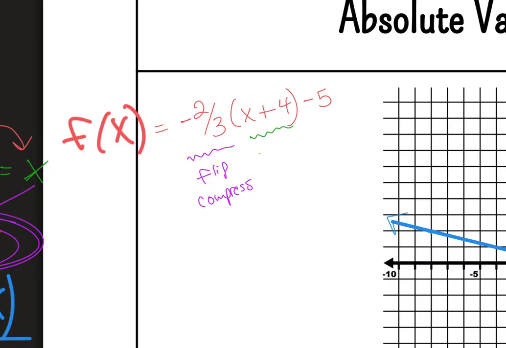This is going to move left 4, and if you're thinking left, isn't left negative? It sure is. Because remember, this is x minus h. And then this is plus k, so this is going to move down 5. Because why down? Because this is normally plus k, and if we have a minus 5, it must be because k is negative.